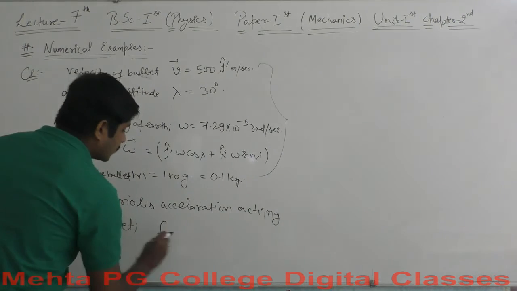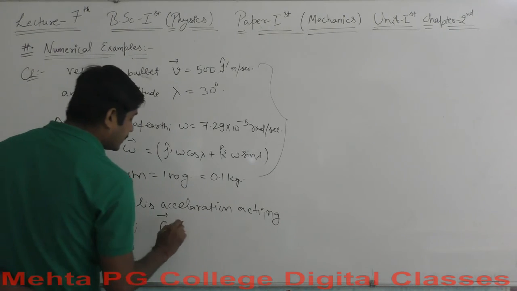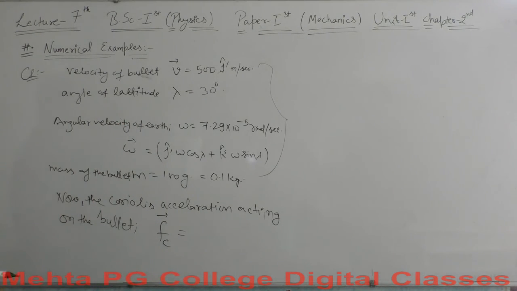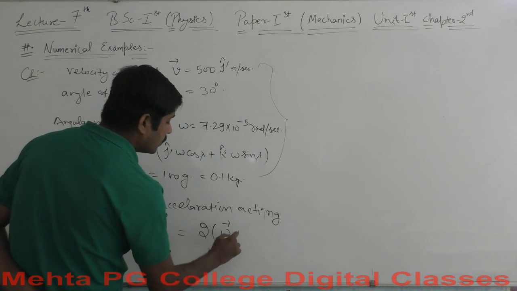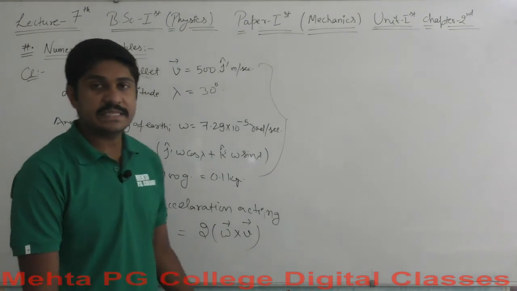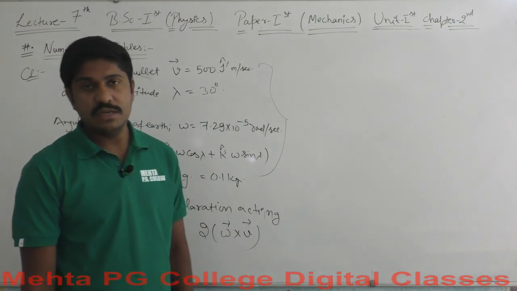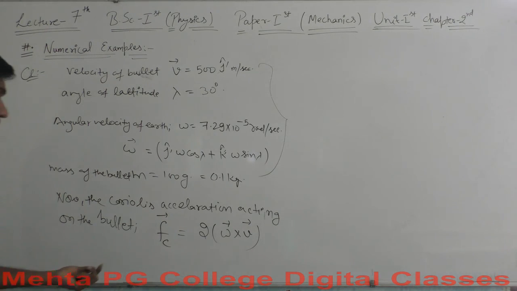Let's write the Coriolis acceleration, f, which is equal to minus 2 omega cross v. I hope you remember the result. This is the Coriolis acceleration, written in terms of small f here. So let's substitute all these values.